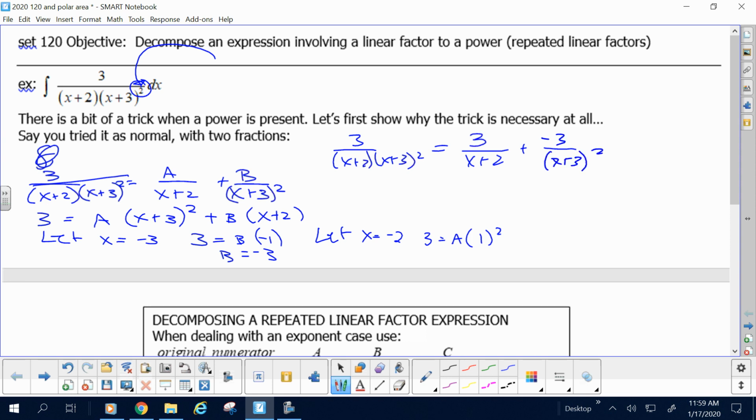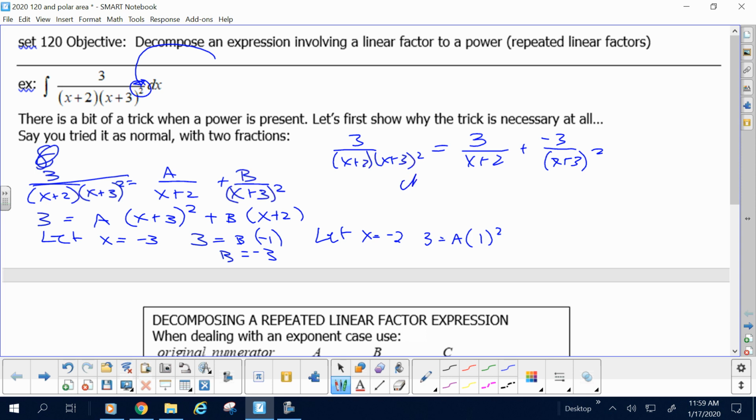And you would be tempted to just say, okay, and then I integrate. However, this you'll find is actually not true.